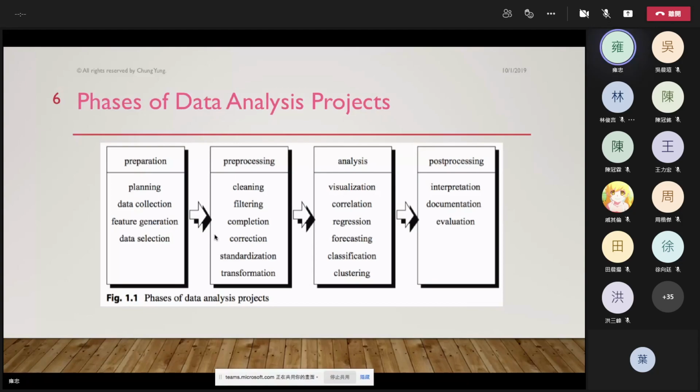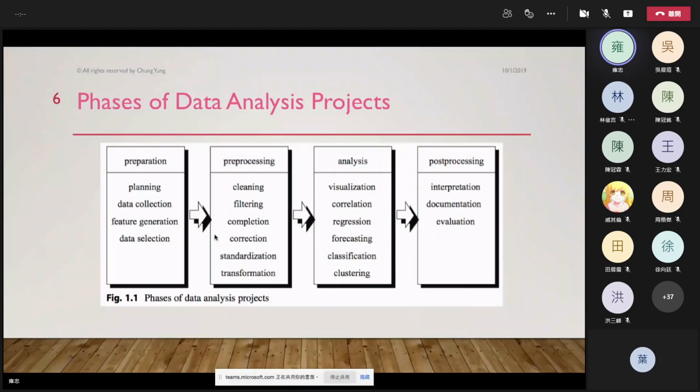Completion. Sometimes we will get some incomplete data set. So we need to set up the rule when certain data is incomplete, what do we need to do?